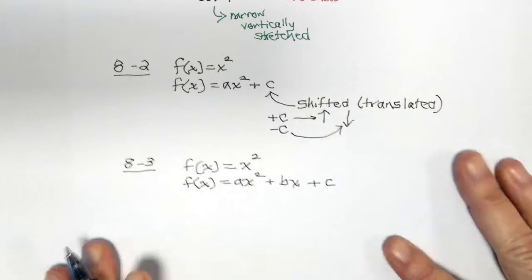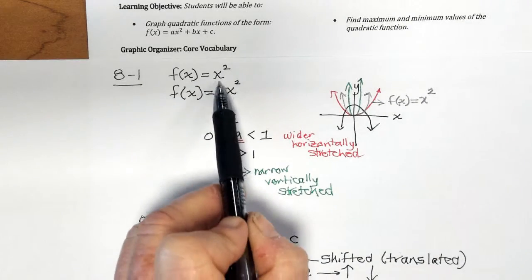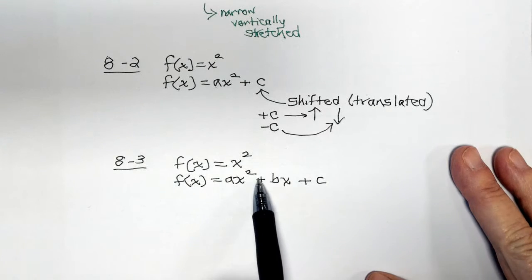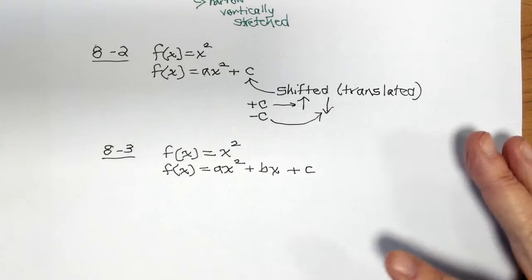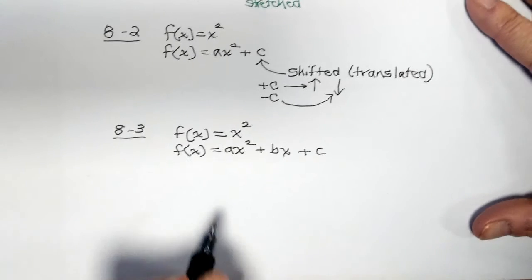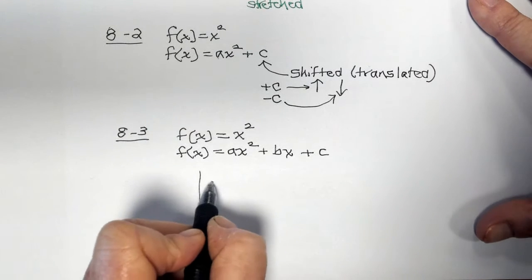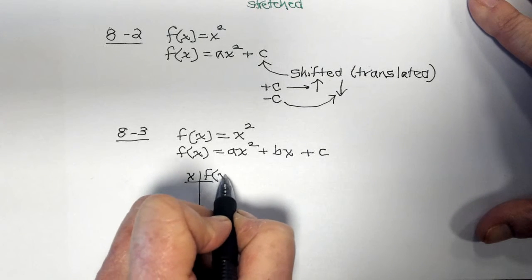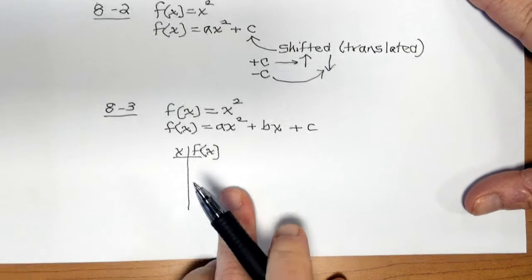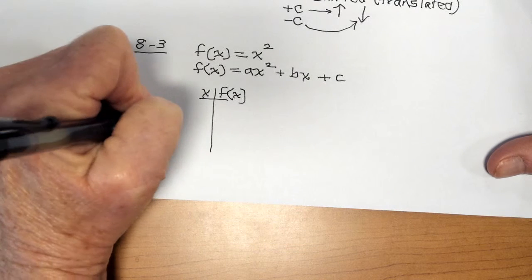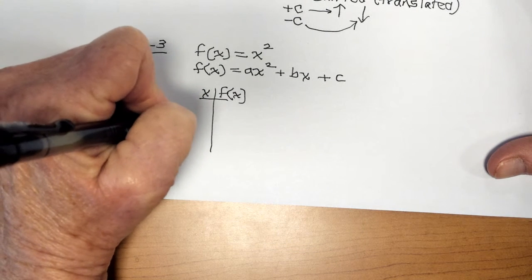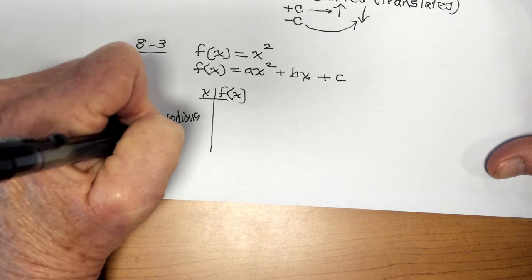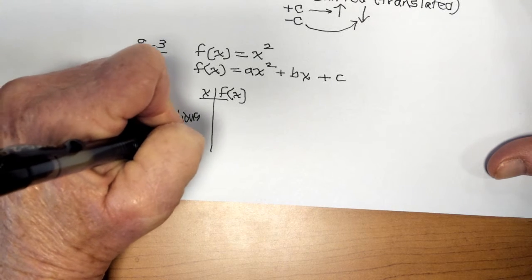So now look what we've done. We've gone from x squared to ax squared plus c to ax squared plus bx plus c. Well, if you want to sit and make a t-table, that's great, and I encourage you to do that. But this is going to become very tedious and inefficient way to graph.